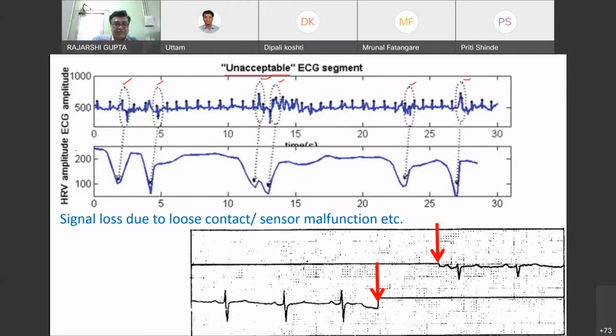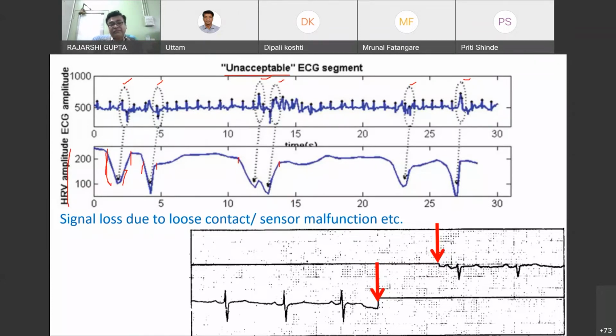So in the second one, what I have done is plot the HRV amplitude. You can see that the HRV has gone down sharply and come up sharply. Within a small time, it is not possible to have an HRV fluctuation of almost 100%. Here also, there is a sharp fall and also a sharp recovery.